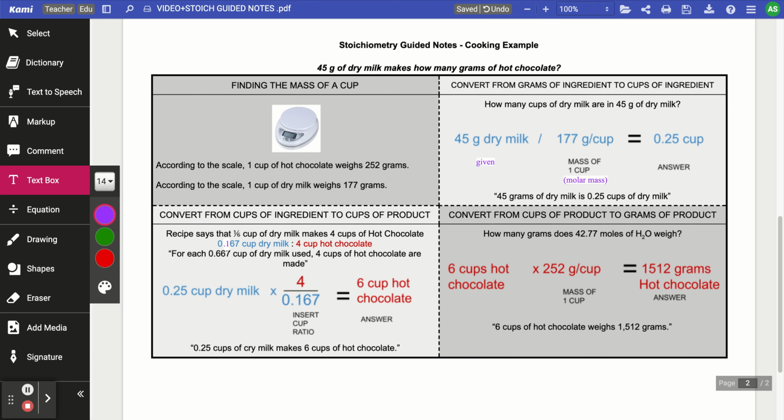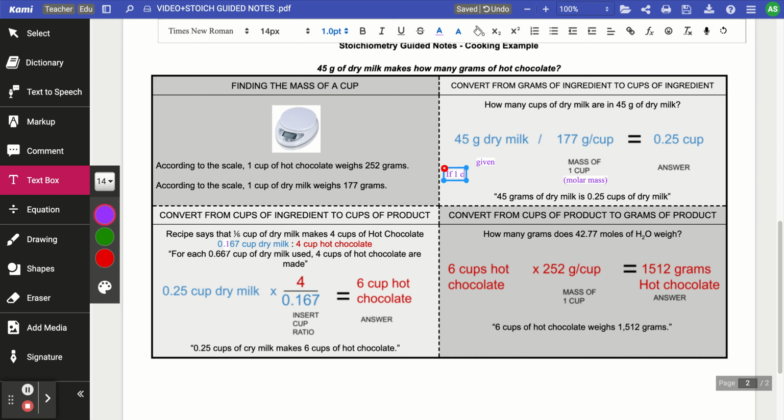What I have is 45 grams. So that's not a full cup. If 1 cup is 177 grams, 45 grams is less than 1 cup.